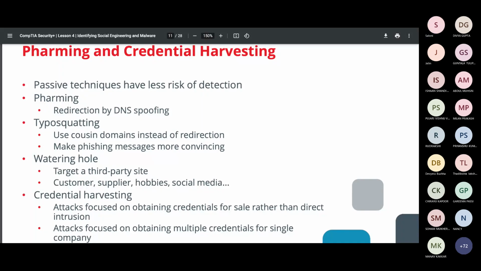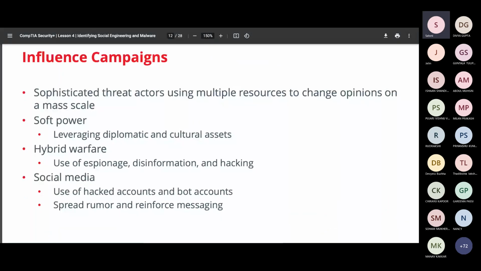Influence campaigns. Now, what exactly is there in influence campaigns? An influence campaign is a major program which is launched by an adversary with a high level of capability. Like नेशन स्टेट एक्टर होते हैं जिसमें टेररिस्ट ग्रुप होते हैं, एक्टिविस्ट ग्रुप होते हैं, जिनका कोई पॉलिटिकल पार्टीज के साथ रिलेशन होता है.